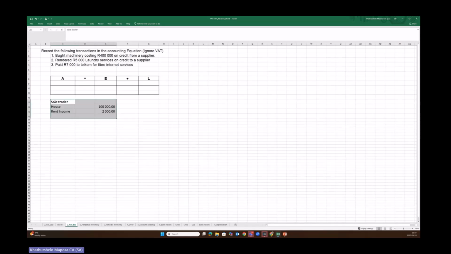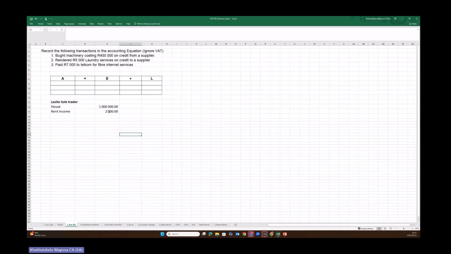We'll use Lisito's example. You are a business called Lisito Sole Trader. You buy a house for, let's call it, 1 million. Houses are very expensive. You buy a house for 1 million.